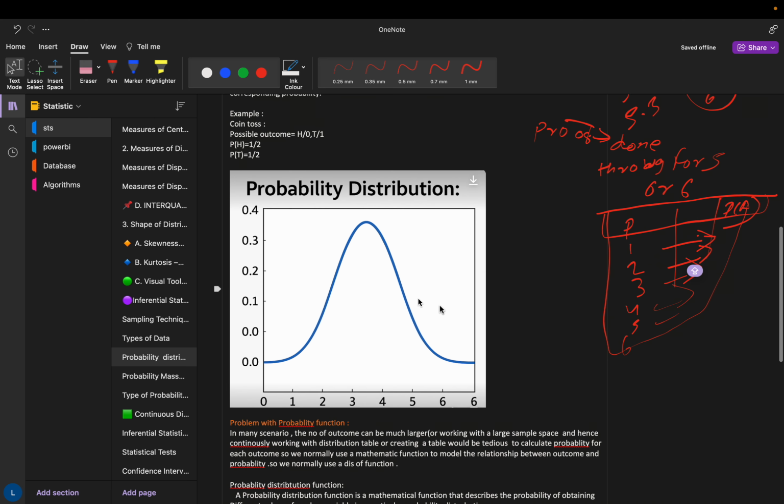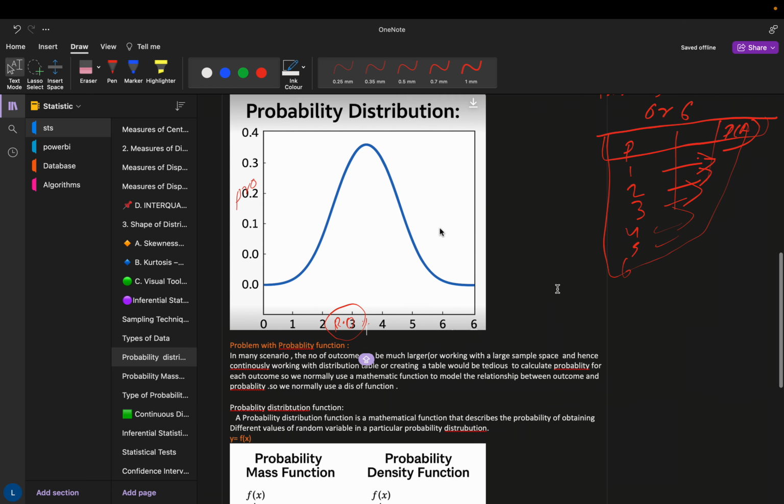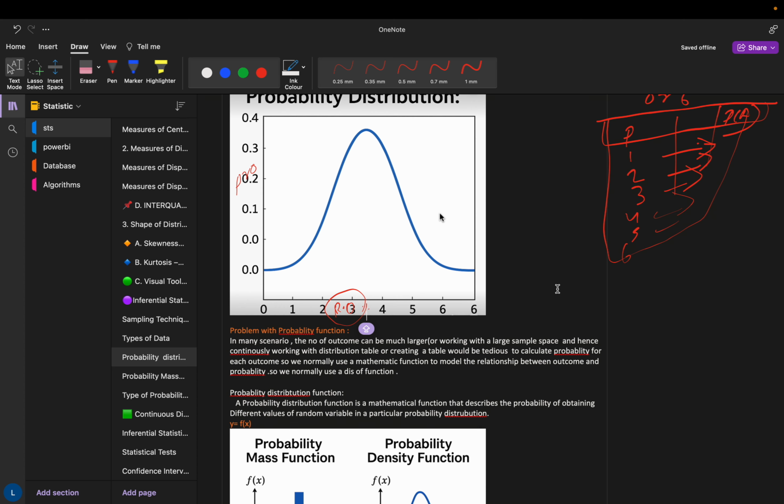Speaking about probability distribution, it normally plots the probability against the random outcome. But imagine when we have a large sample space. In some scenarios we have to work with a large sample space.